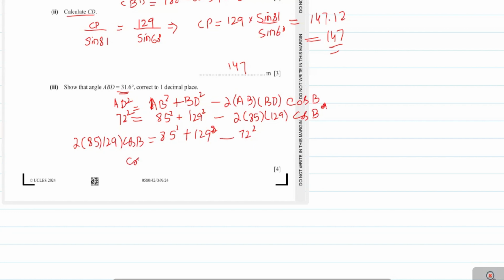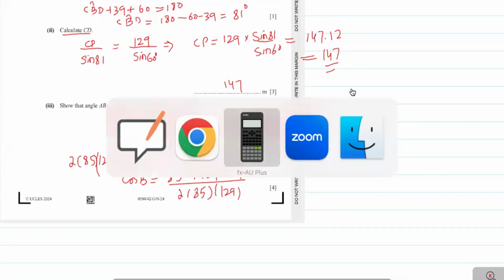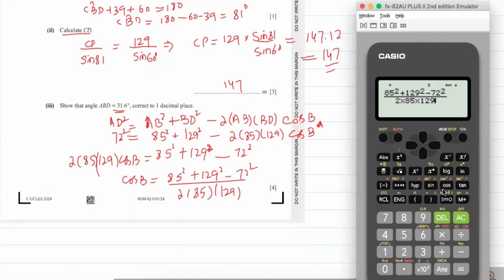And this cos B will be equal to 85 squared plus 129 squared minus 72 squared divided by 2 into 85 into 129, and we can calculate this, and this will be equal to 0.851.